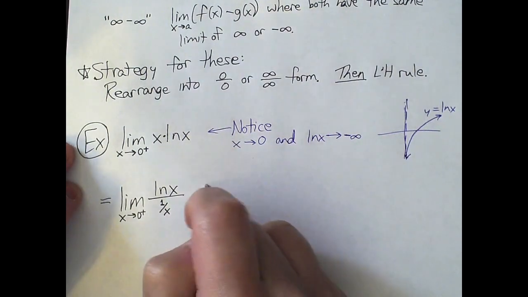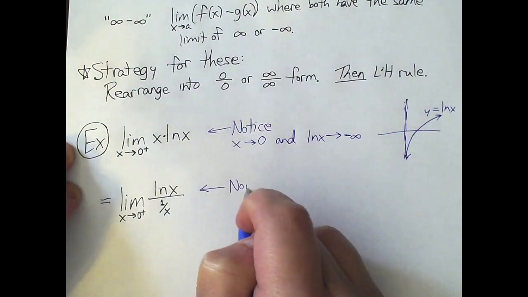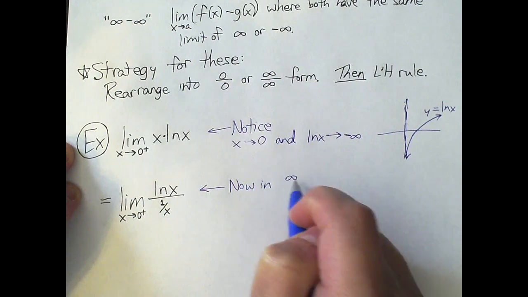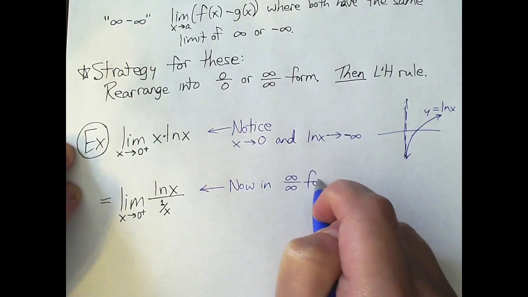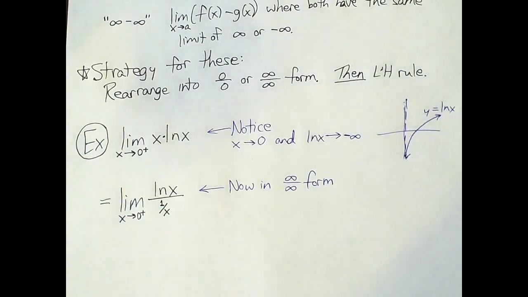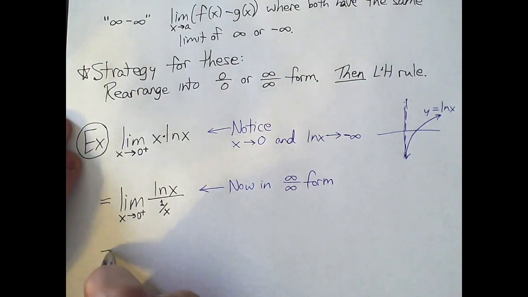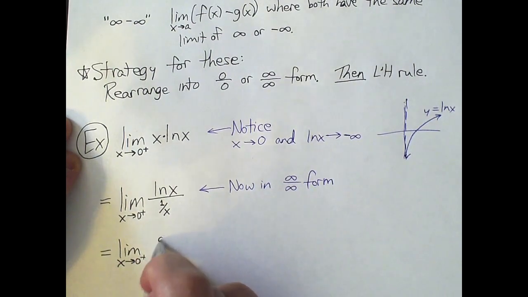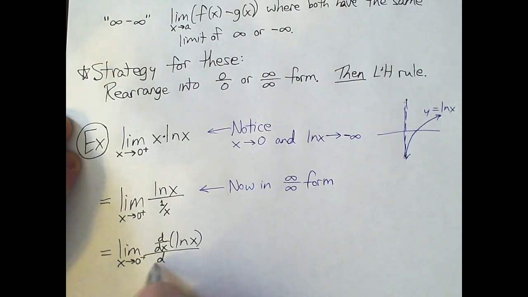Multiplying by x is the same as dividing by 1 over x because it's the reciprocal. And now it's in infinity over infinity form, just by rearranging it to be something over something. So the rest of this follows like a normal L'Hopital's rule problem. You could say this is the limit of d dx of the top over d dx of the bottom.